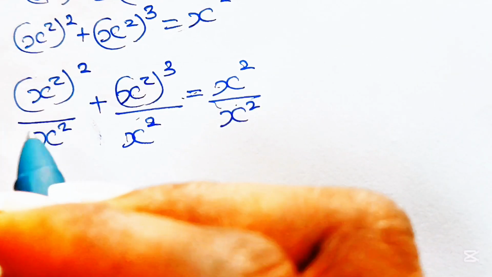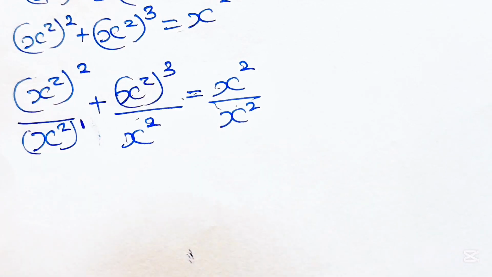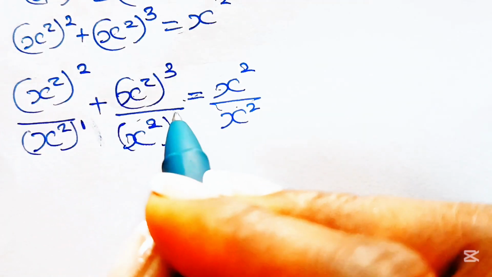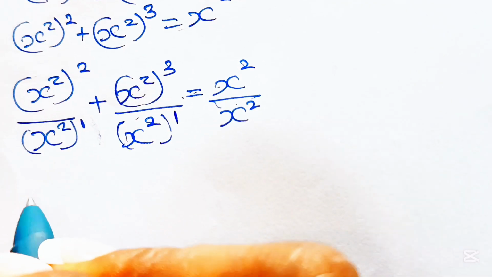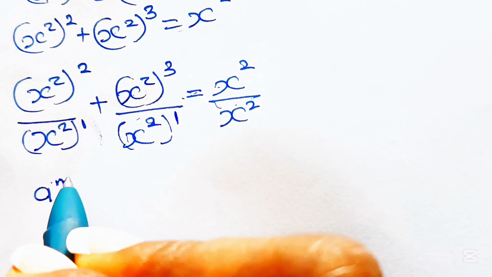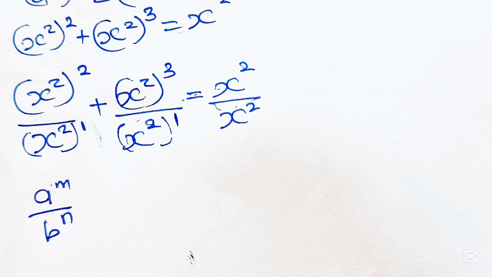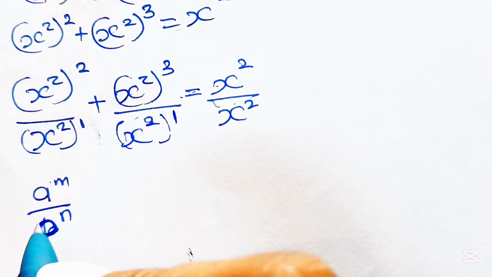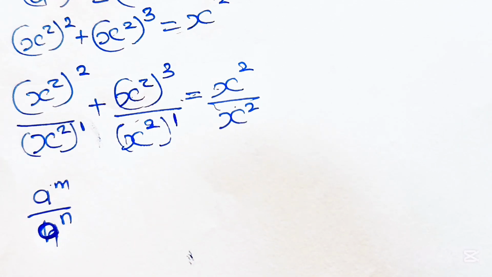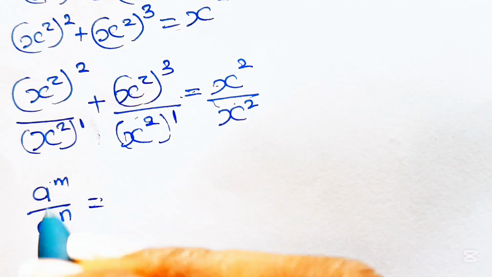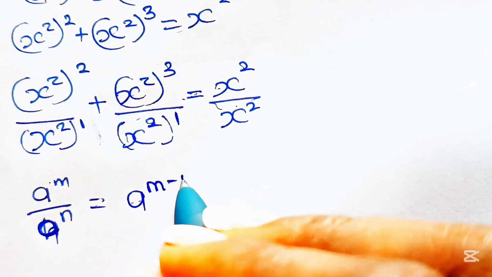Now, this is the same thing as x to the power of 2 raised to the power of 1. Now, recall that when you have a to the power of m divided by a to the power of n, using the law of indices on exponents, this is equal to a to the power of m minus n.